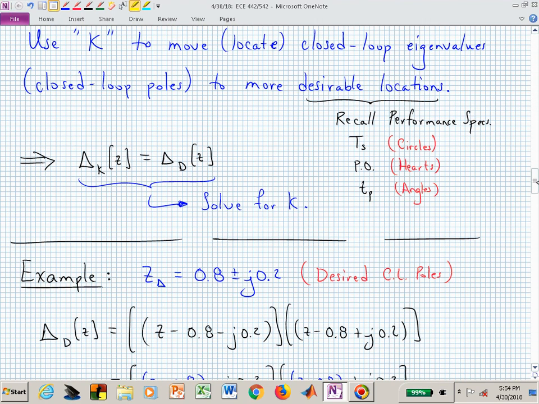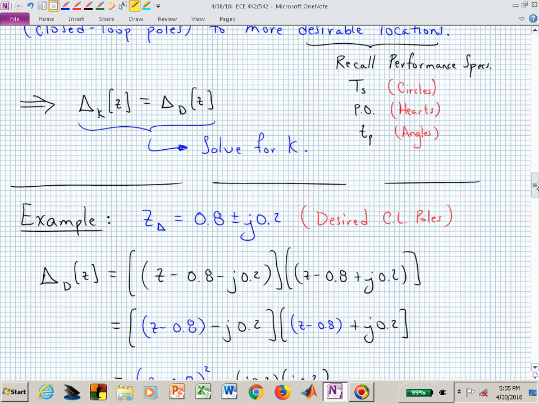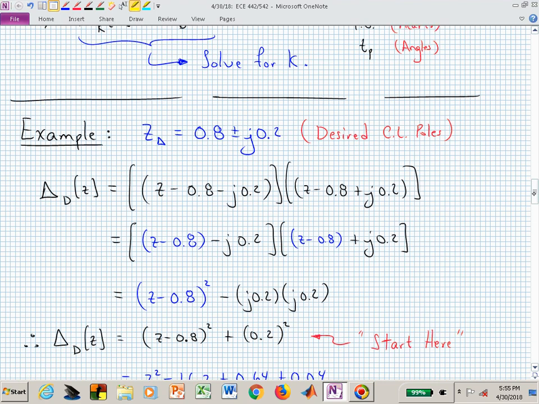In our example that we looked at last time, we just sort of reached up in midair and grabbed two complex poles, and they're conjugate, because we wanted to have real coefficients in our second order polynomial. We picked those complex conjugate poles to be at 0.8 plus and minus j0.2. Those are our desired dominant poles, and now we can figure out what that corresponds to in terms of polynomial.